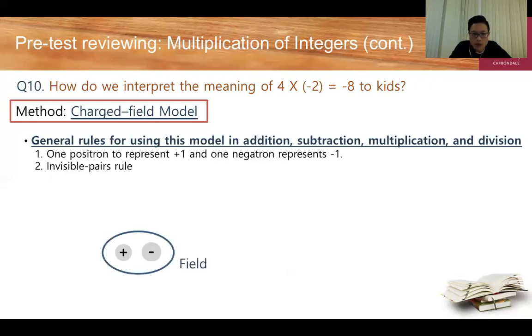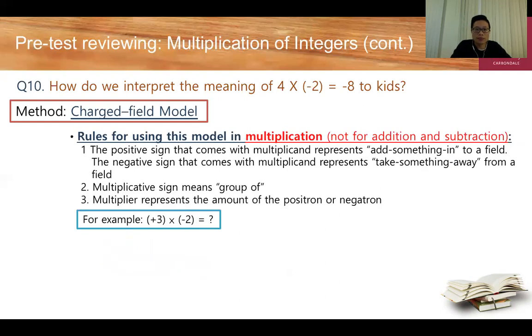So in the field, the invisible pair rule can still be applied in every different type of situation like addition, subtraction, multiplication, and division. So here is the general rule for the charge field model, and we are going to see the special rules for multiplication only. Okay, so here are the rules that are only for multiplication.